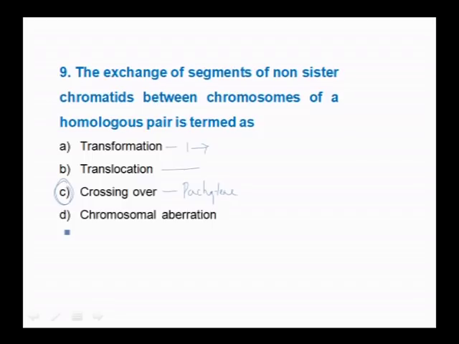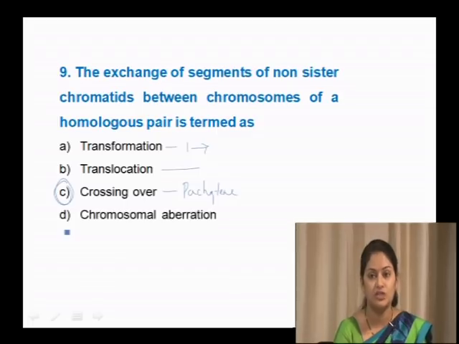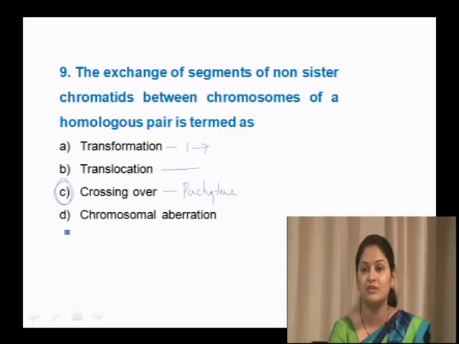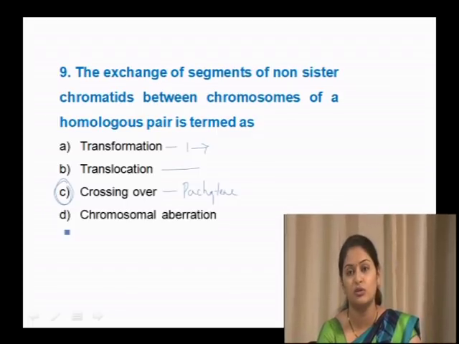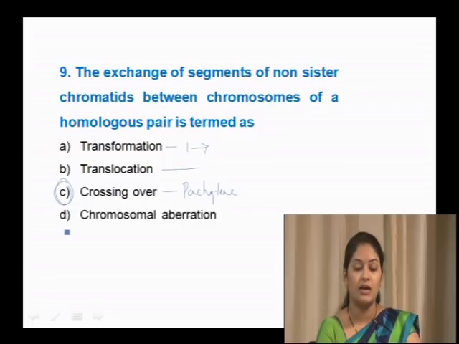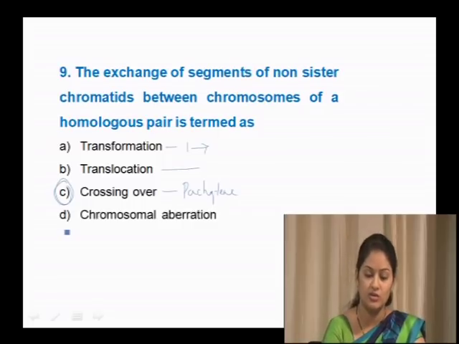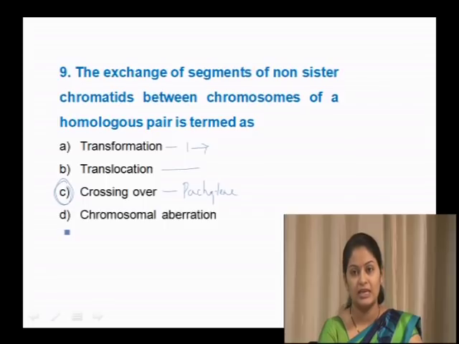Option D is chromosomal aberration. This is also a kind of mutation or chromosomal disorder which will either delete part of a chromosome or cause other processes which lead to problems in the working of the cell, thereby the working of the organism. So the answer for the 9th question is crossing over, which means the exchange of chromatids.